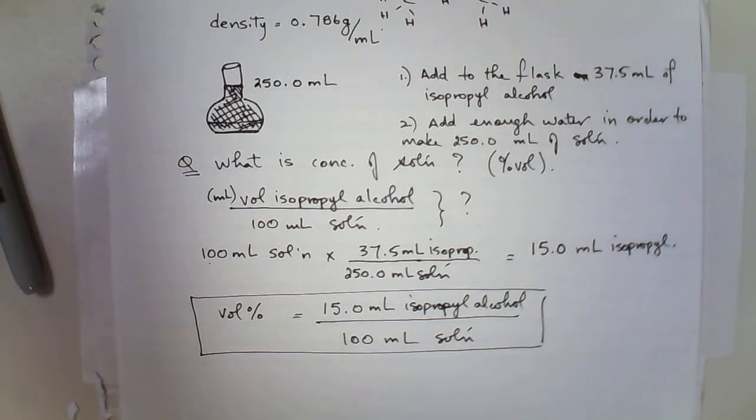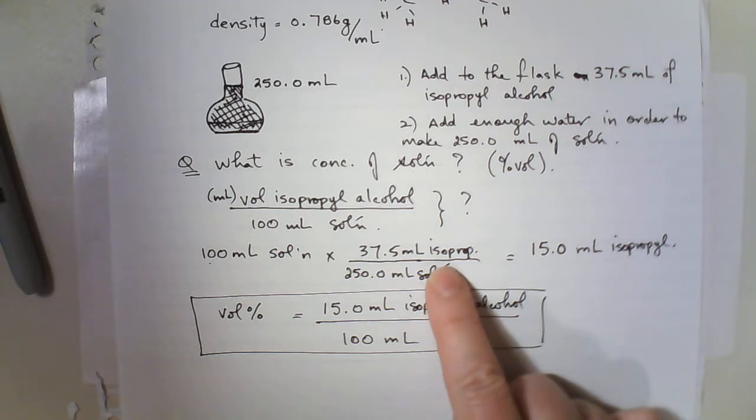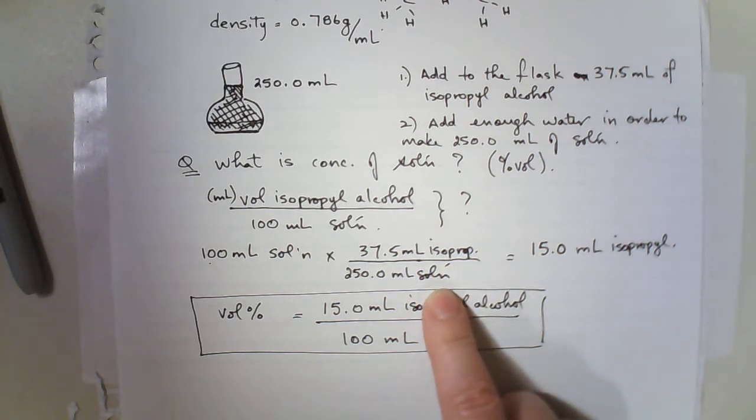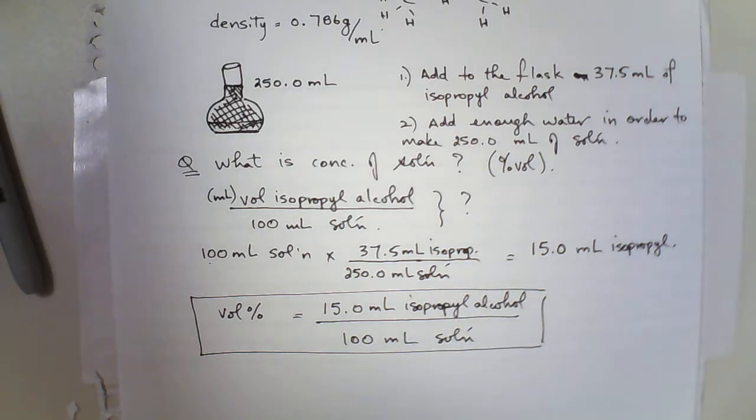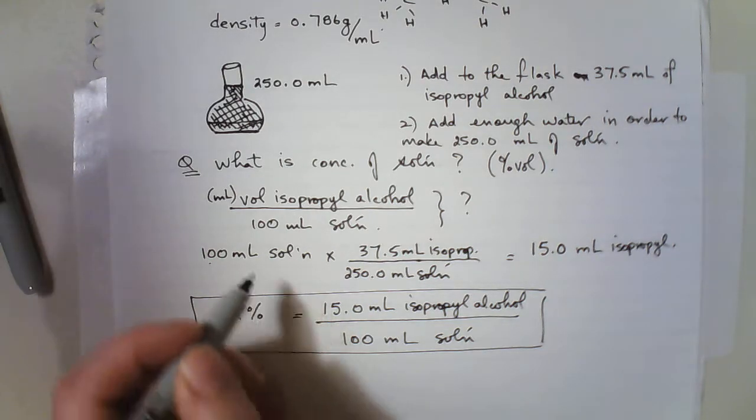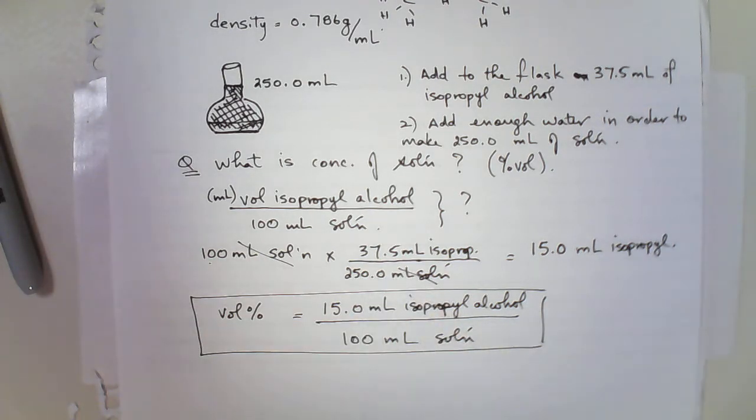That's what I just found out. And so here's my question to you, and here's where people tend to slip up if they're going to get confused at all. I made a solution. I put 37.5 mils of isopropyl alcohol in 250 mils of solution. So I took that as a conversion factor and multiplied by 100 mils of solution, and that allowed this to cancel, and I got this value.